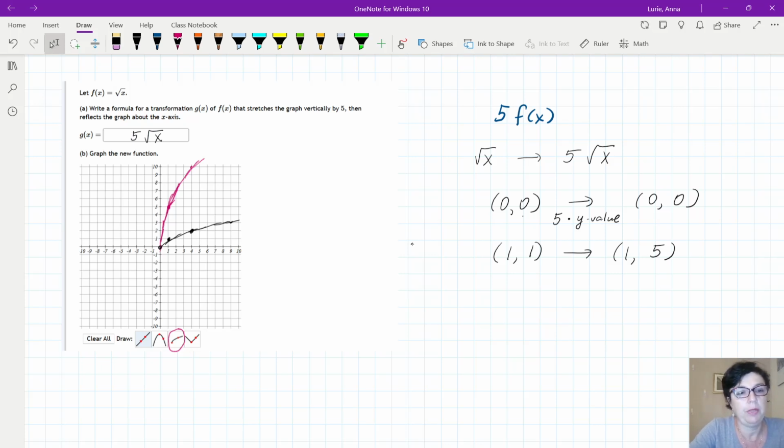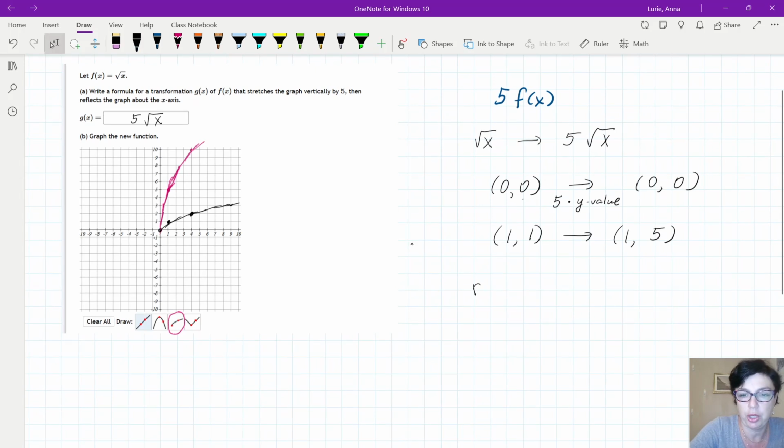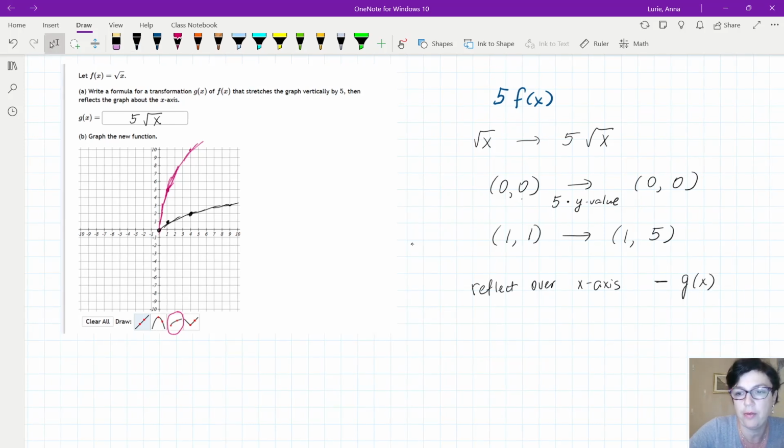Then what we want is to reflect the graph about the x-axis. When you reflect over the x-axis, it just attaches a minus in front of the function. So whatever function you have, we just attach a minus. If it was the y-axis, then you would make each x into negative x.